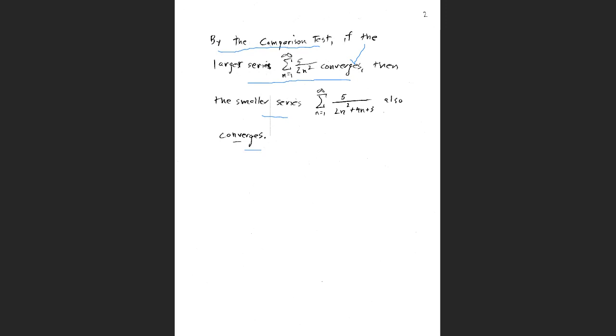Well, if its sum is finite, then the series with smaller terms would also have to have a finite sum. I mean, it makes sense, right? If something bigger is finite, something smaller would be finite too. All right, take a moment to copy that down. Let me know if you have any questions.